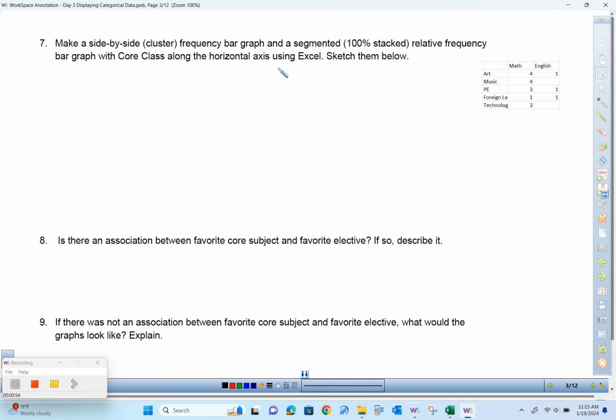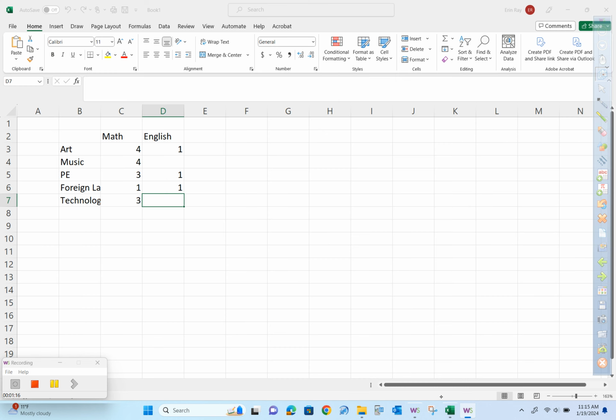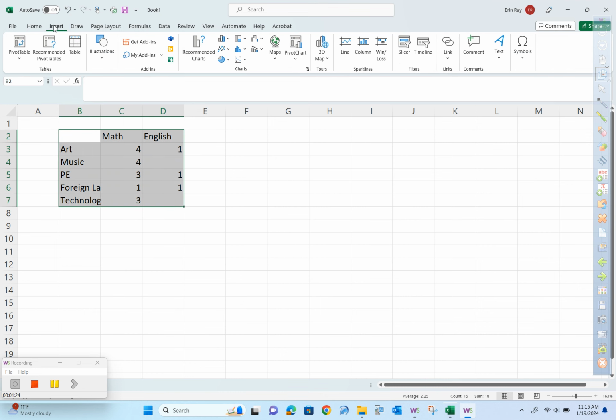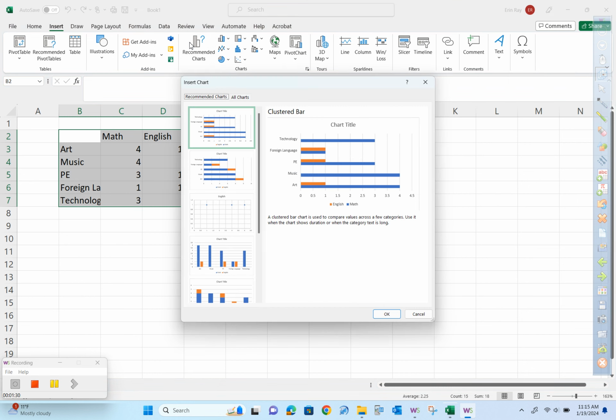We are going to fit 2 on here, so make sure when you go to draw your graph, you're doing them small enough so both of them fit. So we're going to start with just highlighting the chart like we did last time, and we're going to do Insert Chart. Recommended charts usually have the right thing popped up. And today we're going to talk about a cluster or a side-by-side chart.